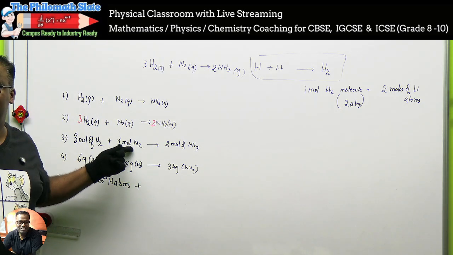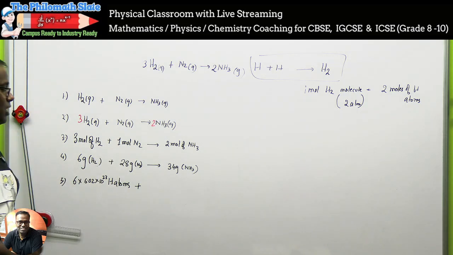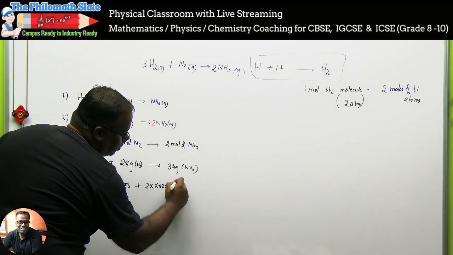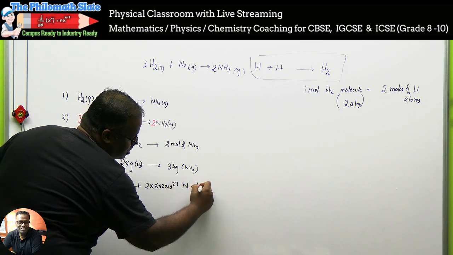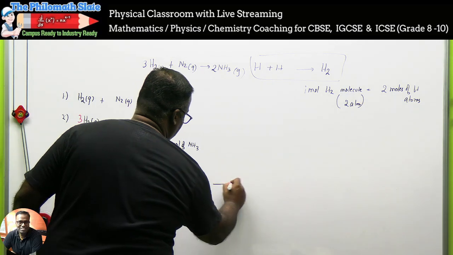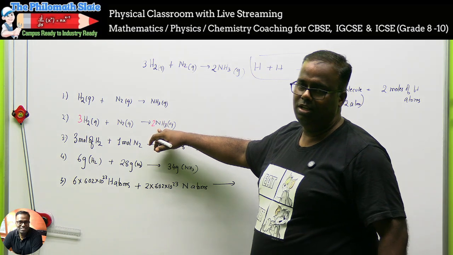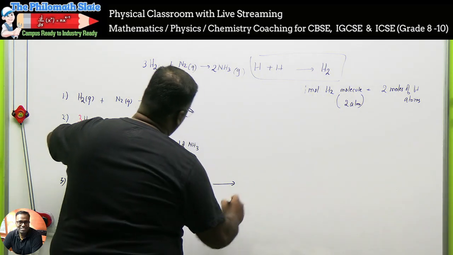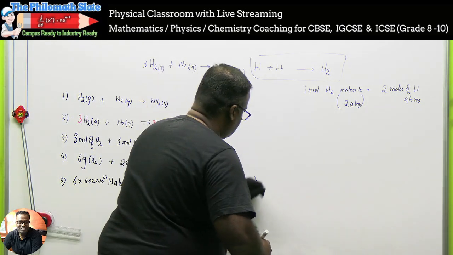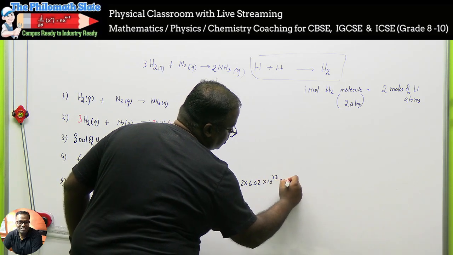Reacts with what? 1 mole of nitrogen molecule. 1 mole of nitrogen molecule is 2 moles of nitrogen atoms. So 2 into 6.02 into 10 to the power 23 nitrogen atoms, which gives me how much? 2 moles of NH3. 2 moles of NH3 means 2 into 6.02 into 10 to the power 23 nitrogen atoms.